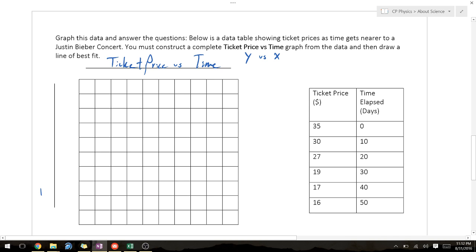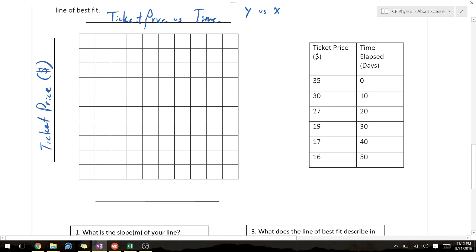We have ticket price on this side, and we want to make sure we have our unit, which is going to be in dollars. And then here at the bottom, we'll have time, which is going to be in days. So those are our two units.